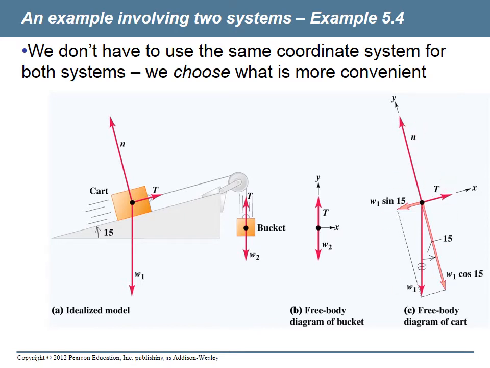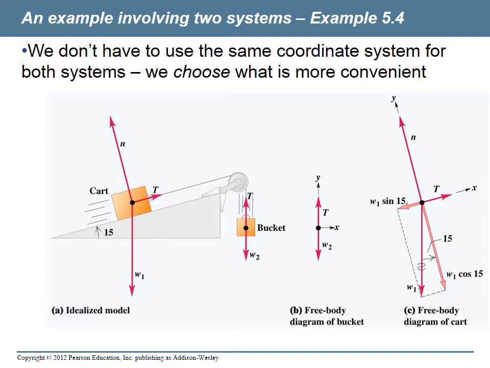This comes from summation of forces in the now x direction and the y direction. This disappears when I break it into its components, right? So if I do summation of forces in the y direction, I have the normal is equal to the perpendicular component of the weight. So the normal force is equal to weight times cosine of 15, and the tension is equal to the weight times the sine of 15.